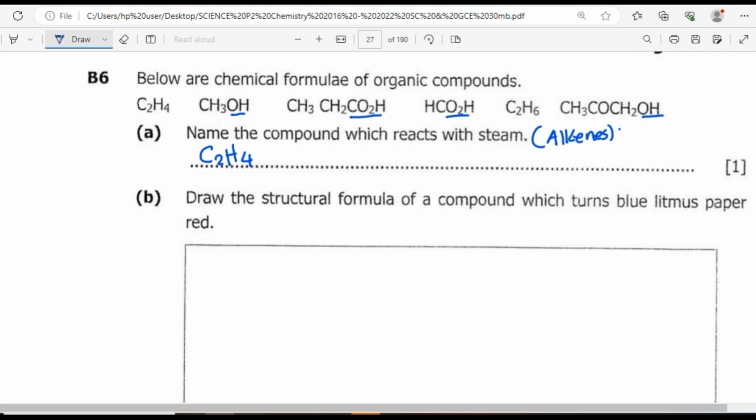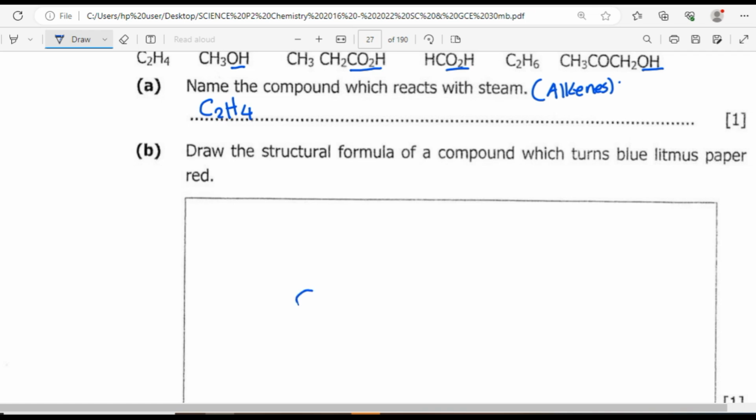Draw the structural formula of a compound which turns blue litmus paper red. This question is the same as drawing a carboxylic acid, because you know that an acid has that ability. So the acid is CH3, then CH2, then COOH.